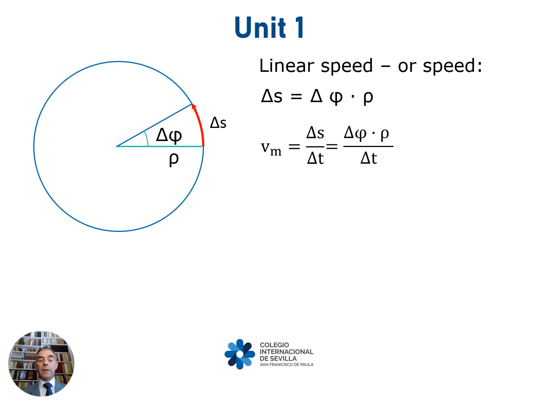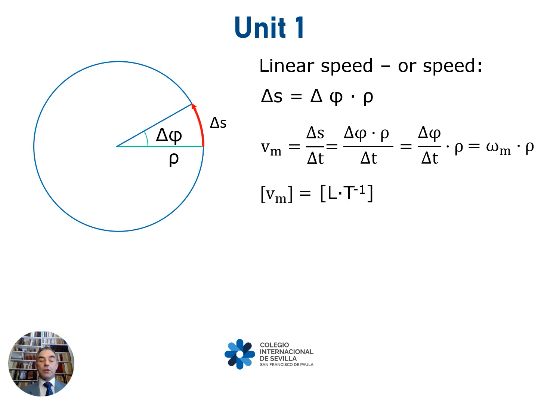That will mean the average speed equals the angle swept times the radius divided by the time it takes. But that is the same as saying the angle swept divided by the time it takes times the radius, and that is the angular speed, the average angular speed, times the radius.